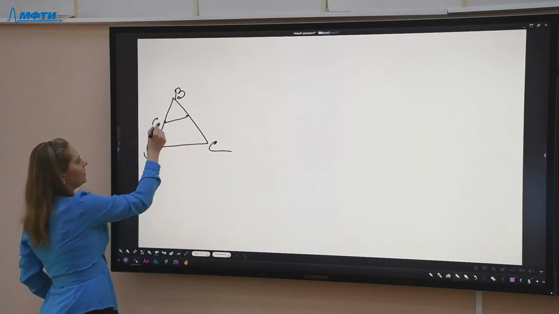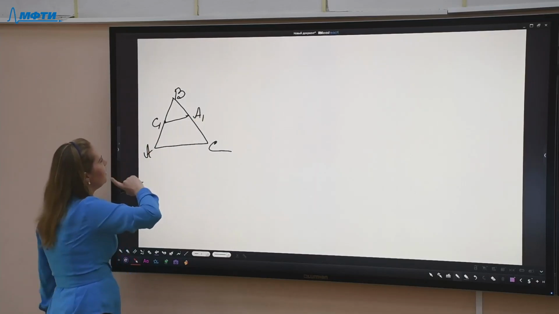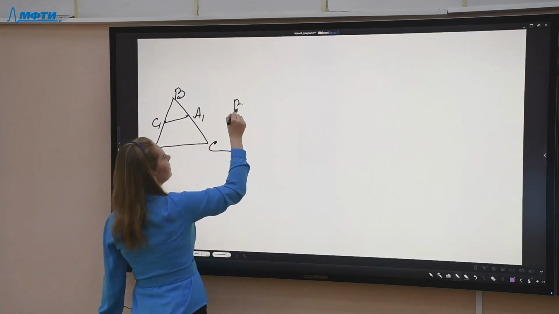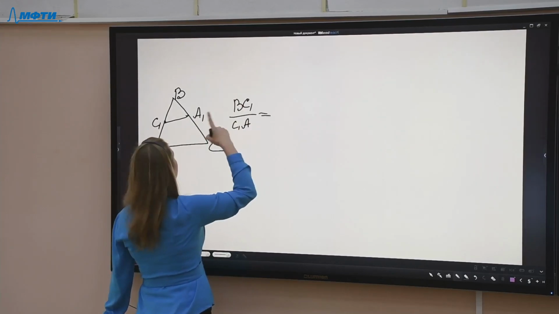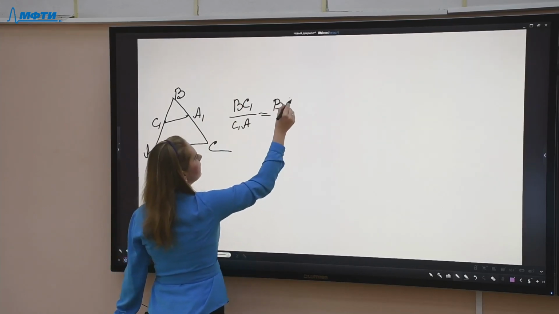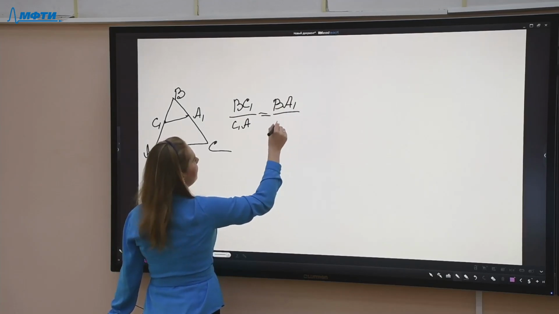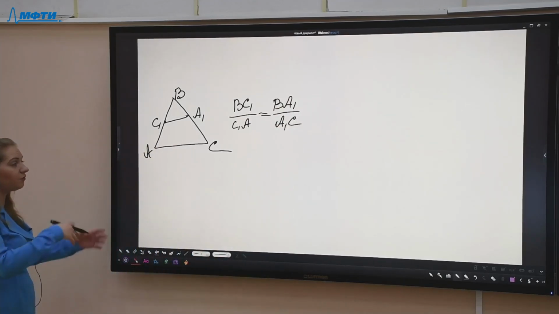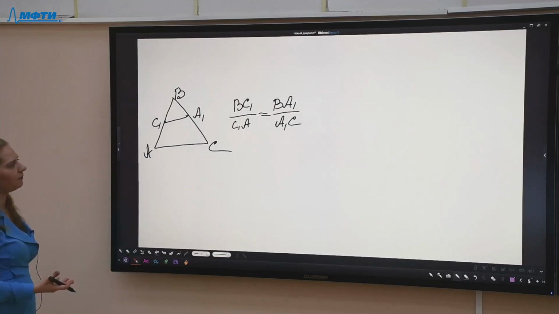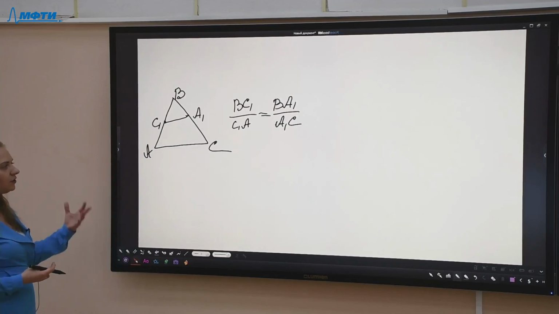Let it be again C1, A1. If BC1 over C1A is equal to BA1 over A1C, so these four line segments are in proportion, it means that C1A1 is parallel to AC.